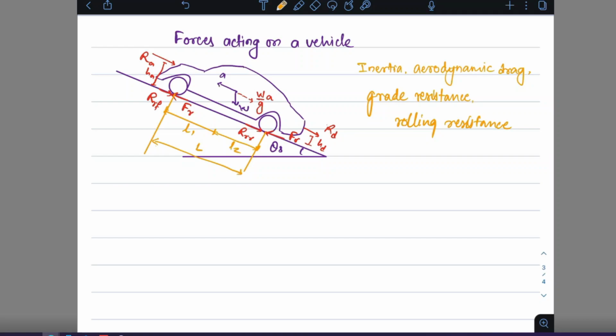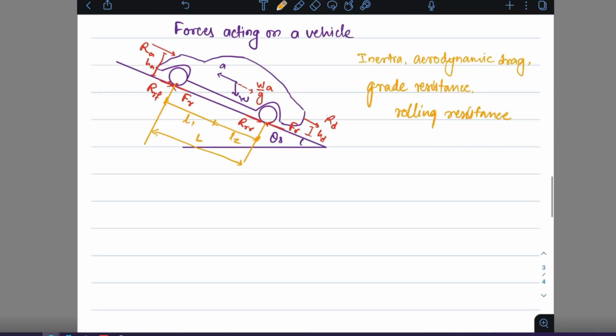so we can write the equation of motion as m into x double dot equals W by g into a, right? That is equal to the forward driving force on the front wheel and the driving force on the rear wheels.